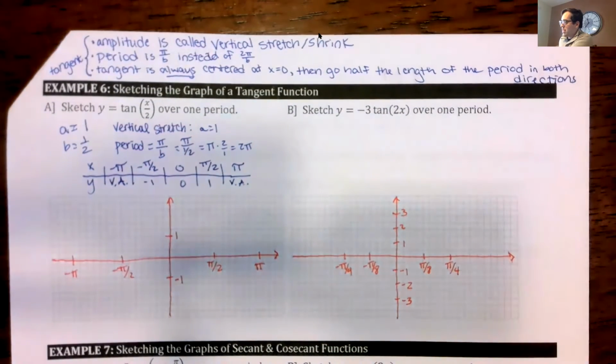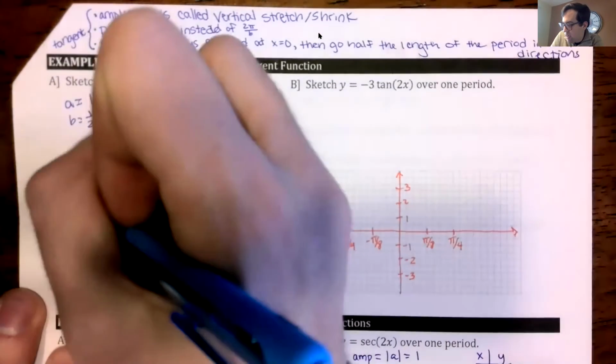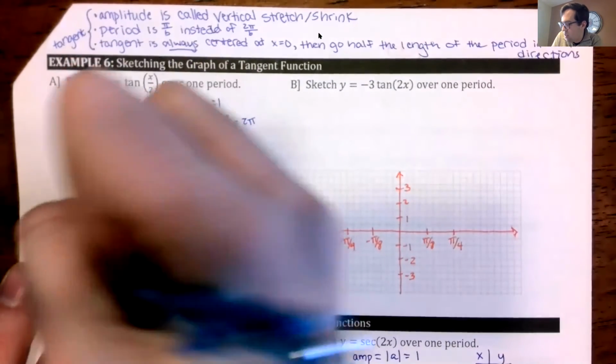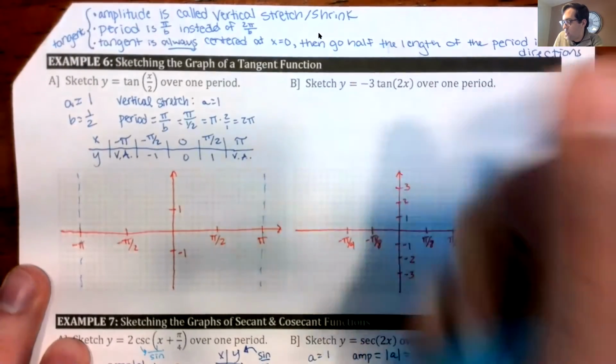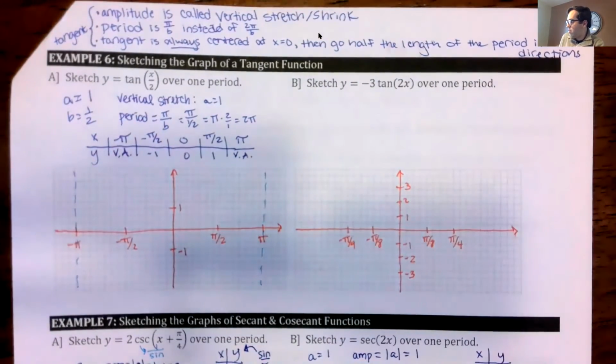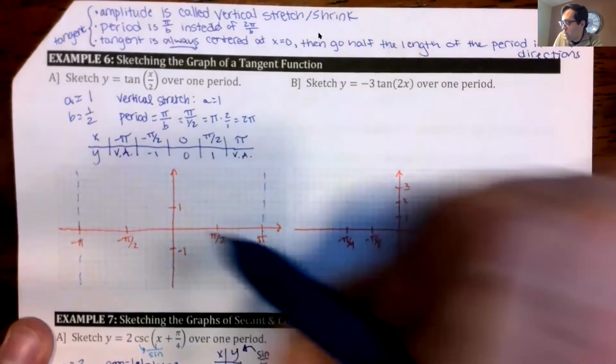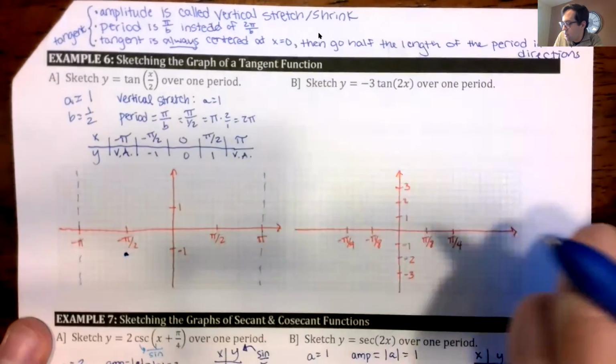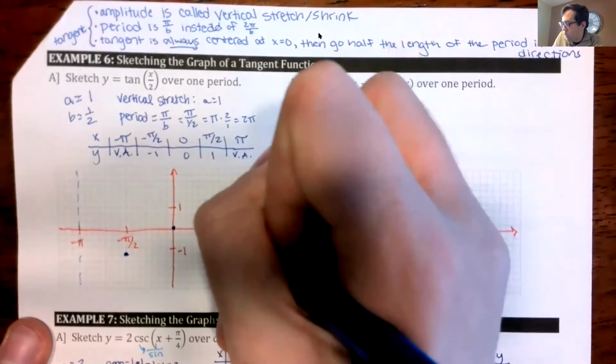Okay, so now we're just going to sketch that. So first, I'm going to make my vertical lines for my vertical asymptotes at negative pi and pi. And then I'm going to plot the points and connect them. So negative pi over 2 is down at -1, 0 is 0, pi over 2 is 1.